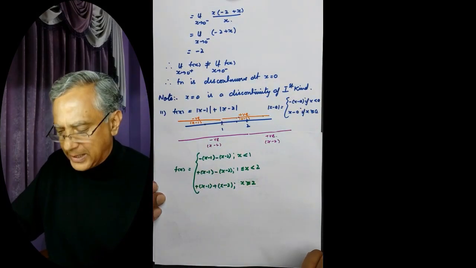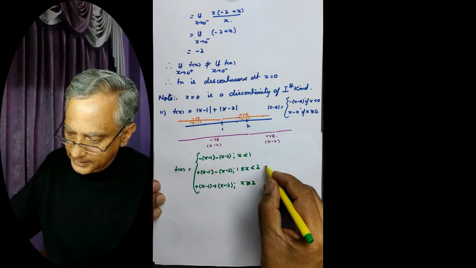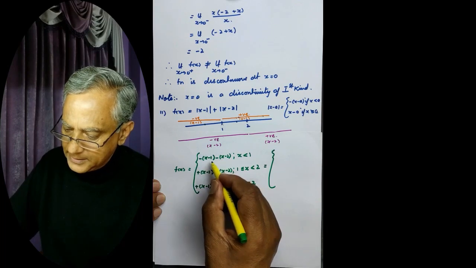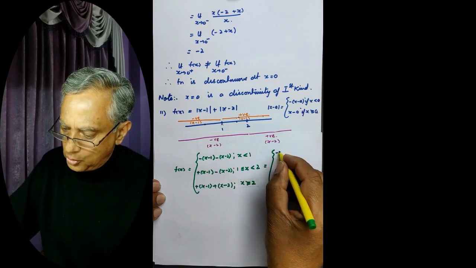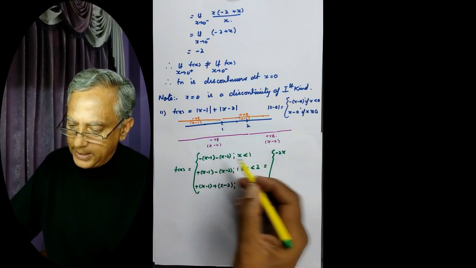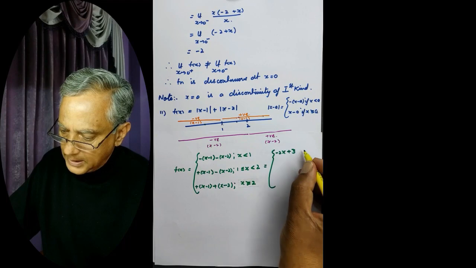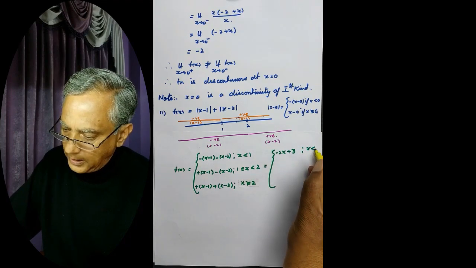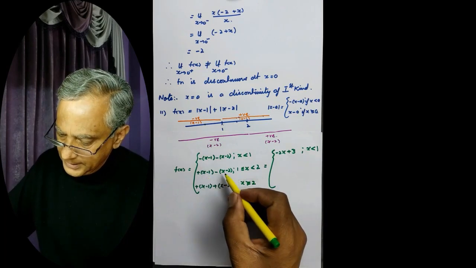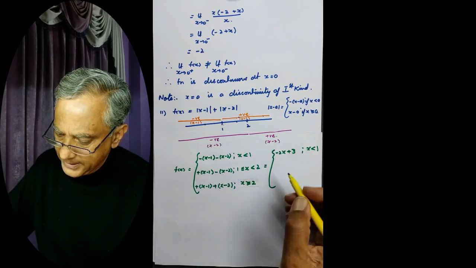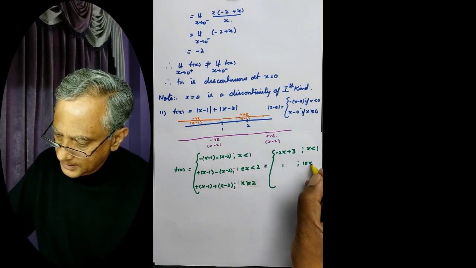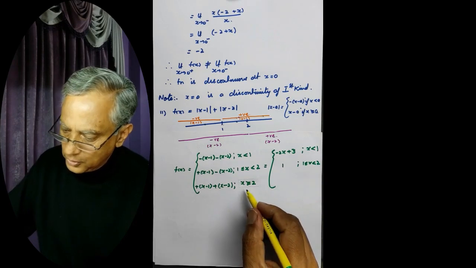So you can very quickly write this. And this is equal to, now minus x is minus 2x, minus 2x plus 1 plus 2, so plus 3 for x less than 1. And in this interval, x minus x cancels, minus 1 plus 2 is 1, for 1 less than or equal to x less than 2.